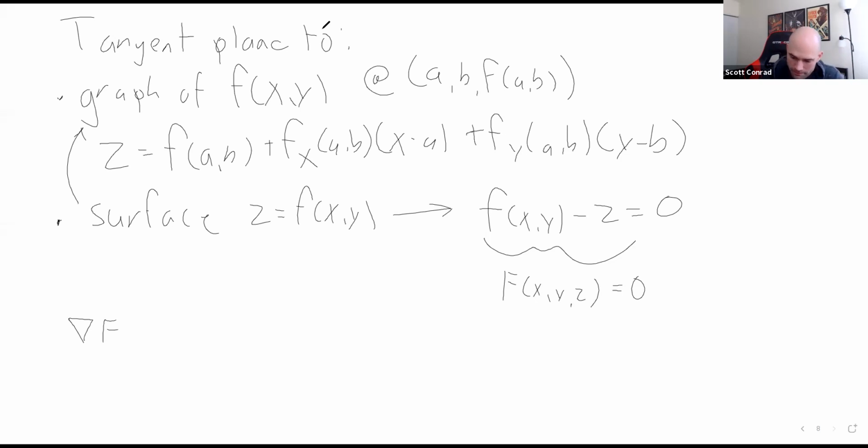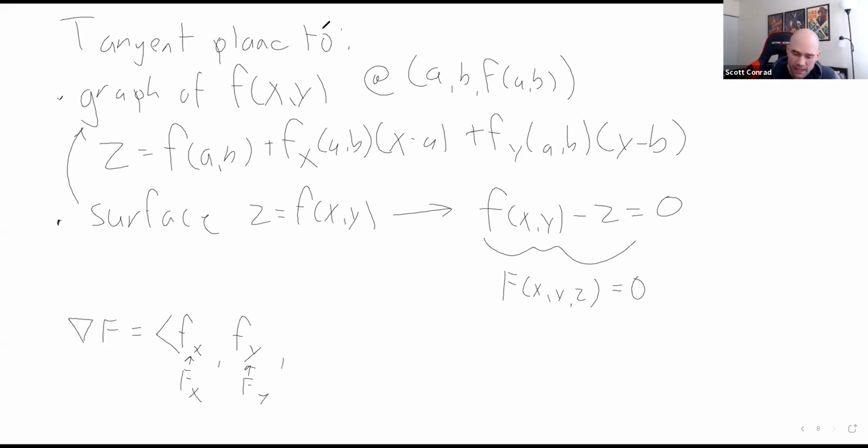So our gradient of F is, the partial of big F with respect to x is just the partial of little f with respect to x minus 0, because z is treated as a constant. The partial of big F with respect to y is the partial of little f with respect to y minus 0, because z is a constant.